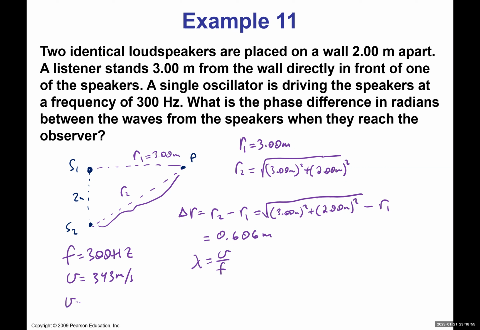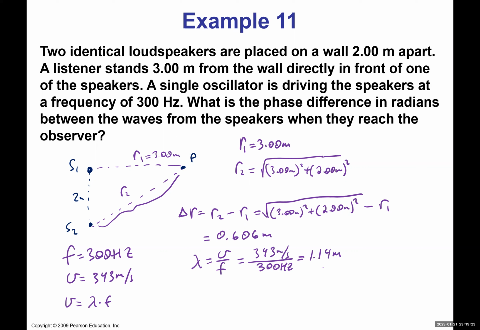Again, using the equation for any wave, velocity equals wavelength times frequency. So wavelength is velocity over frequency. We can calculate this as 343 meters per second over 300 hertz, which gives us 1.14 meters. That's for the wavelength.